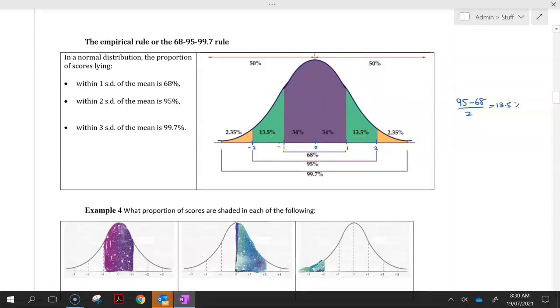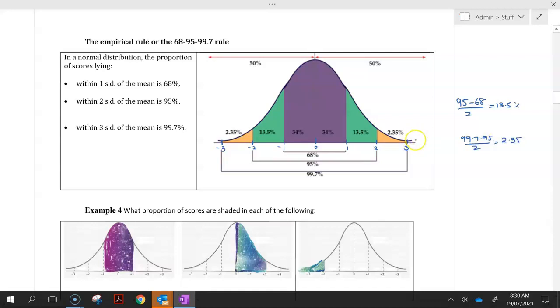And finally, this is when you're almost certainly going to lie between these, 99.7% lie between -3 and 3. How did they get the little 2.35? Well, they just went 99.7 minus 95, divide 2, and they'll get 2.35.